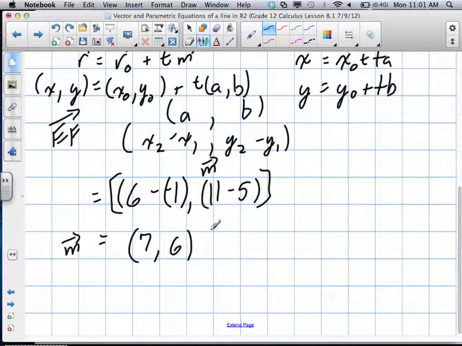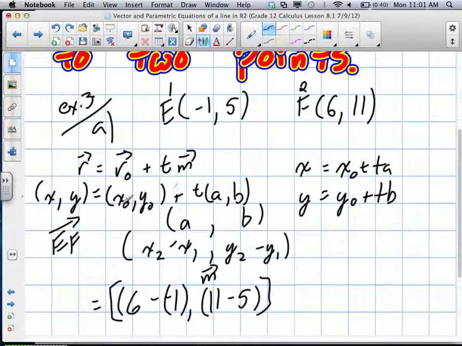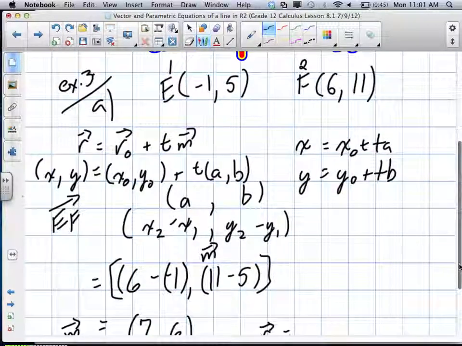So when we go to actually put this into our equation now, we'll put it in our vector form first. Our vector form is equal to, now for our r naught, either of these points, because they both lie on the line, are acceptable. I could write the equation with point E, or I could write the equation with point F. Both of them will hold true.